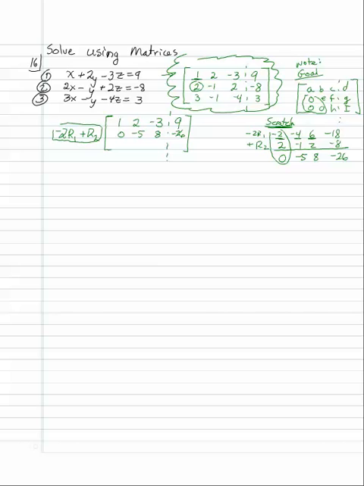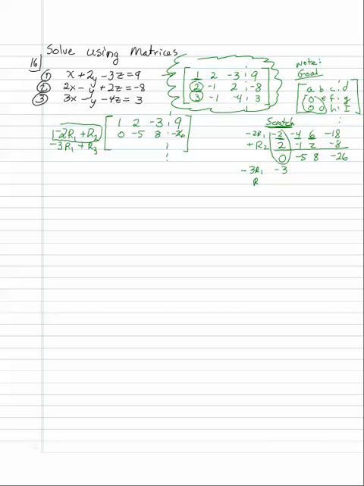If there's a 1 there, I get two zeros in the same matrix. So now I'm going to go -3 row 1 plus row 3. Again, in scratch work or in my head, I'm going to go -3 times 1, which is -3.